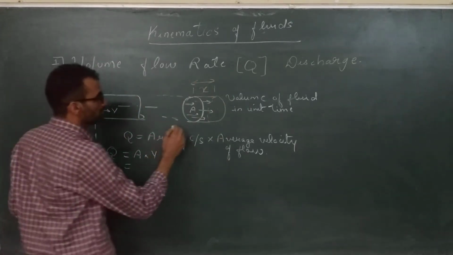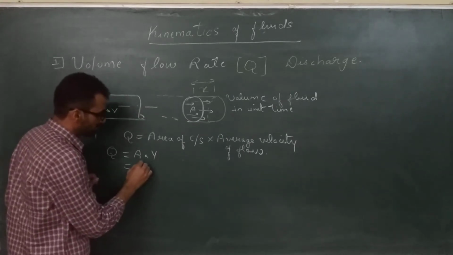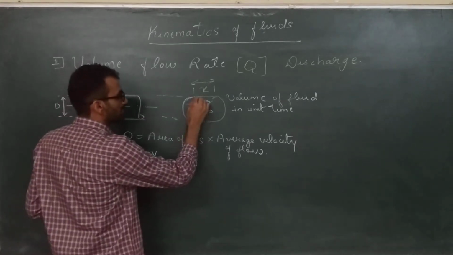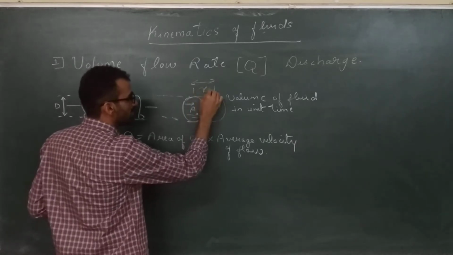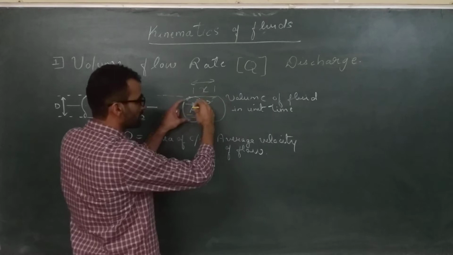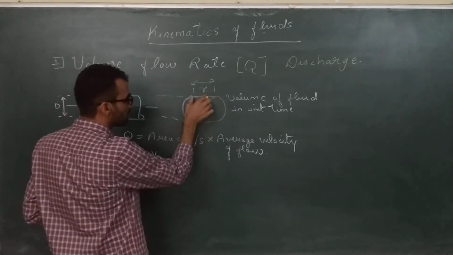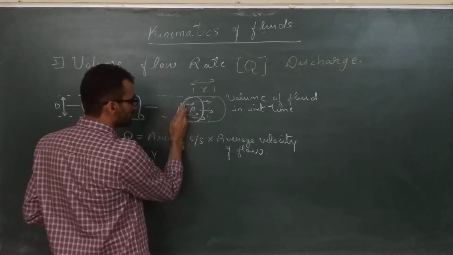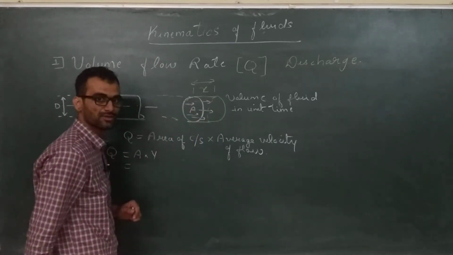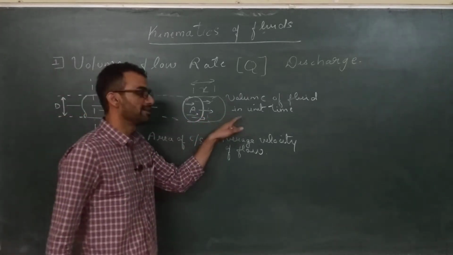Now area into velocity, the meaning of this A into V, would be cross sectional area multiplied by this distance. So it will give the volume of this cylinder, the volume of fluid which has travelled from this point to this point in unit time. This is how we get the volume of fluid flowing per unit time.